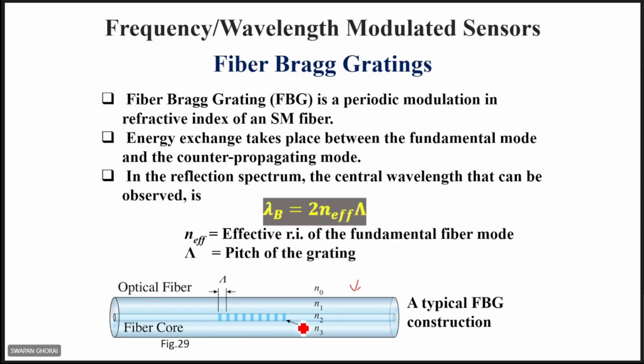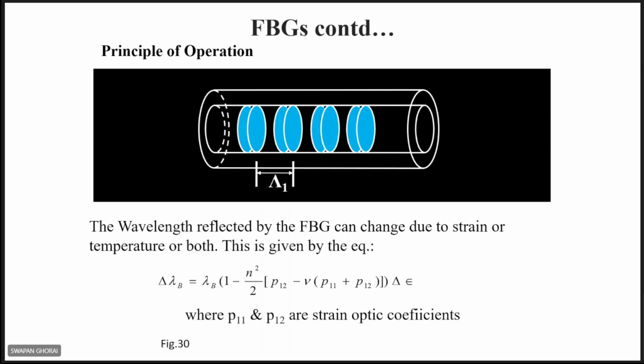And you see these are the Bragg conditions I have mentioned. And you see this is the refractive index variation, right? This is the grating period.